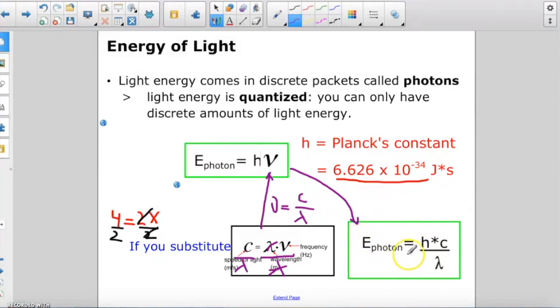The energy of the photon is Planck's constant, which is what we had here, times the frequency, which is the speed of light over the wavelength. And that's a way to calculate the energy of light, by calculating the energy of a photon, which again is a particle of light that is quantized. It has a specific and discrete amount of energy.